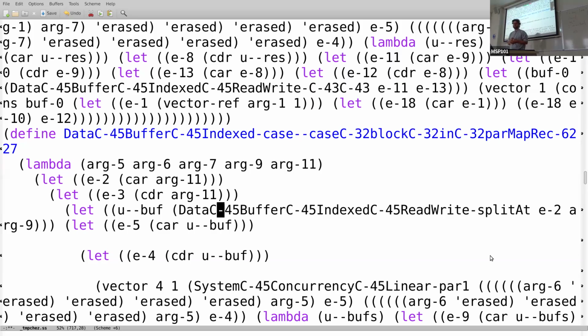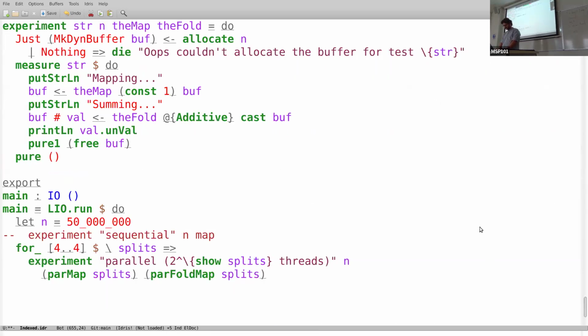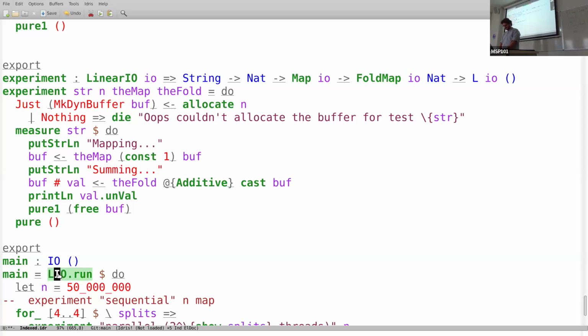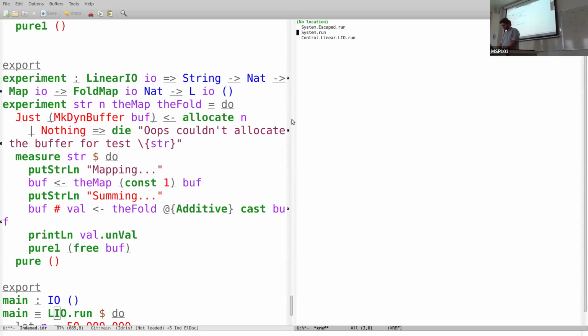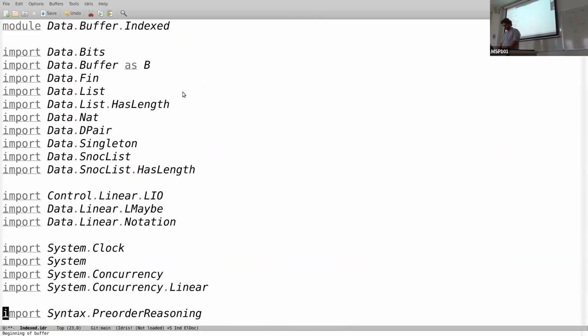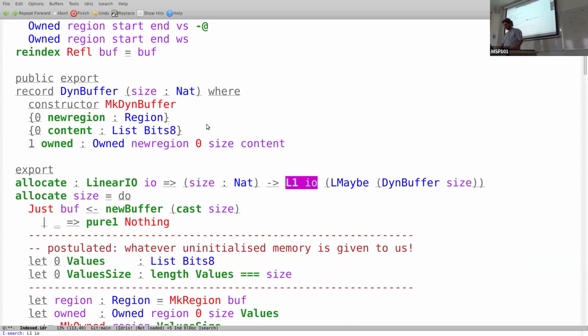This is maybe just an interest question, but in your code, there's a few places where you had an L1 type constructor. What does that do? So it's a technical thing. This linear IO thing actually allows you to combine IO operations with linear values.